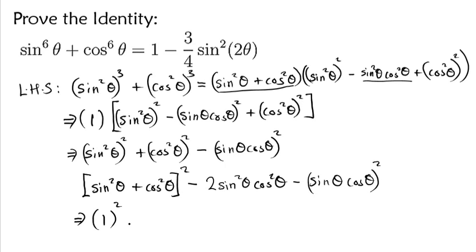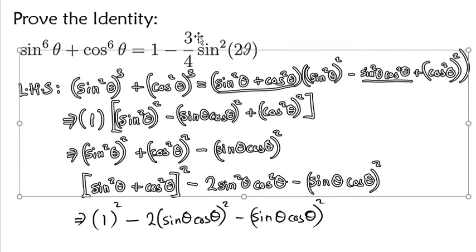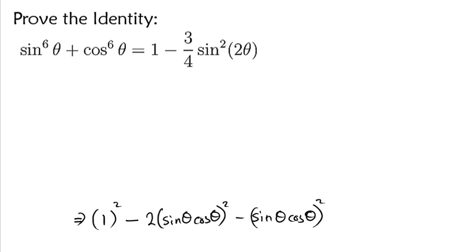So we'll say 1 minus, and for this bracket here, I'll rewrite it as 2, open bracket, sine theta cos theta squared, minus sine theta cos theta squared, like that. Okay, allow me to clear my screen. So this is what we have now.